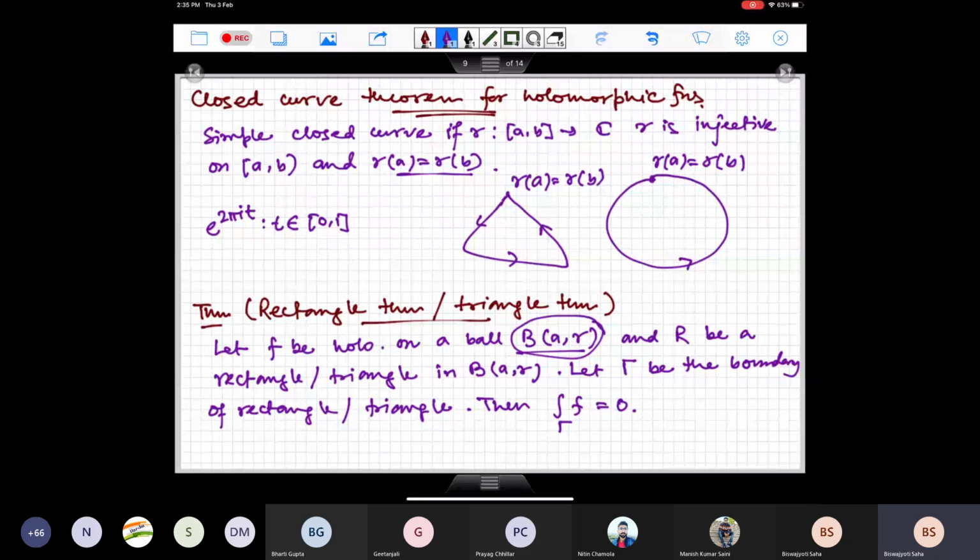That means you should not have any holes in your set. For example, if I take the punctured plane, the complex numbers minus 0, those kinds of sets are not going to work for us. So I can replace this open ball by any set where we are not going to have holes.